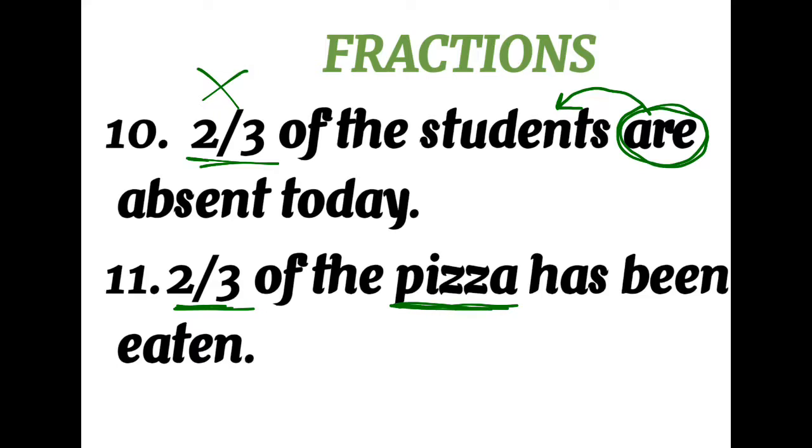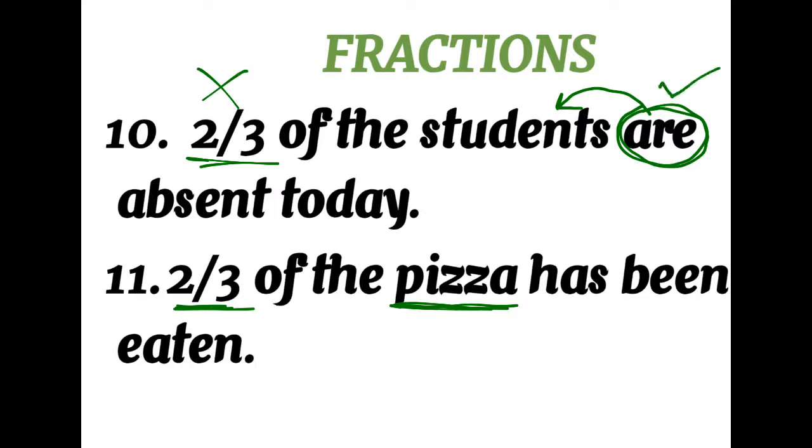There is one pizza before you and you have made 3 parts of it. 2 parts have been eaten, and this is some part of that same one pizza. Okay, look at the first sentence before going on to the next one. 2/3 of the students are absent today.